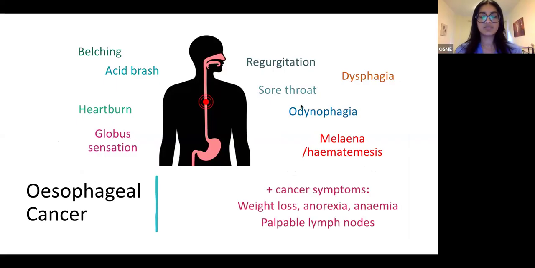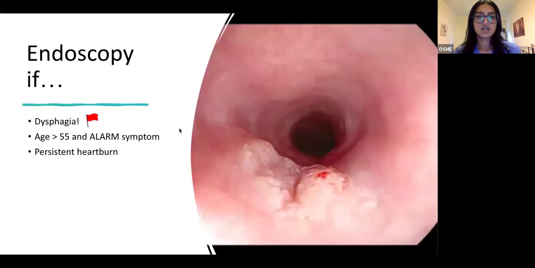These in combination with the cardinal symptoms of cancer: weight loss, anorexia, anemia, and any palpable nodes, particularly the supraclavicular nodes that you feel for in an abdo exam. That's a common site of metastasis of any upper GI cancer, so stomach cancer, esophageal cancer, and that's Virchow's node.